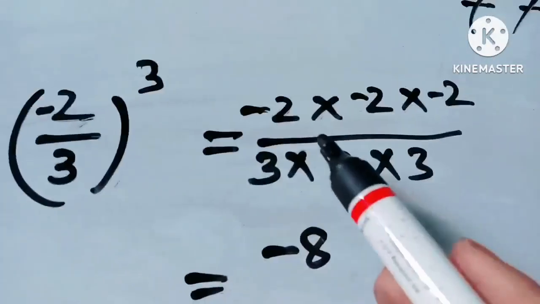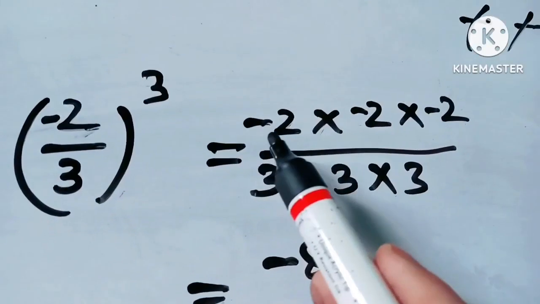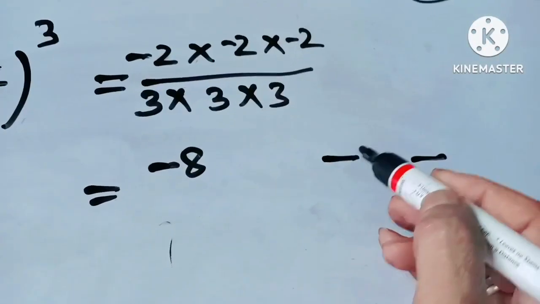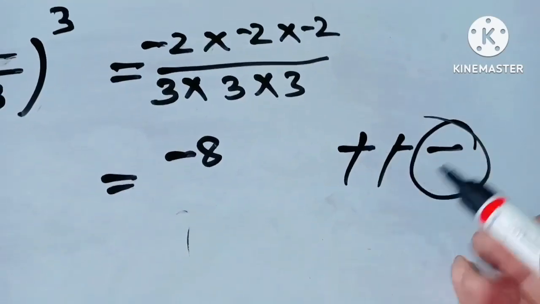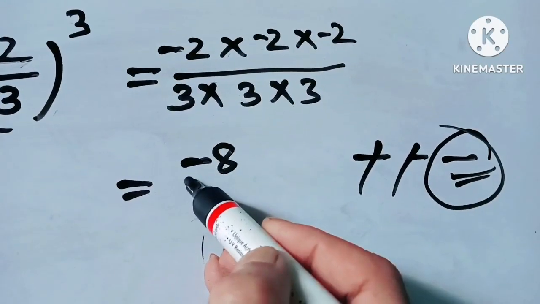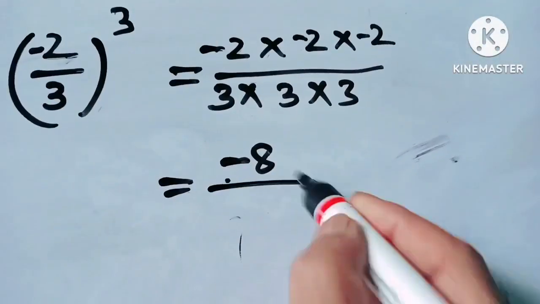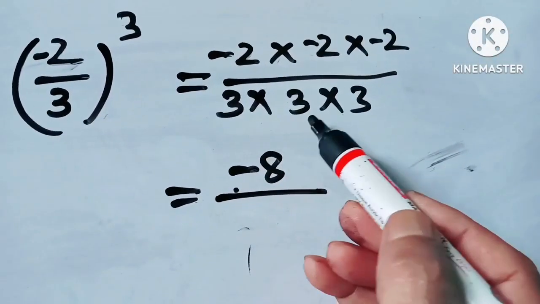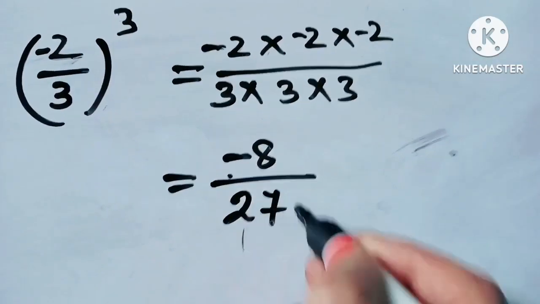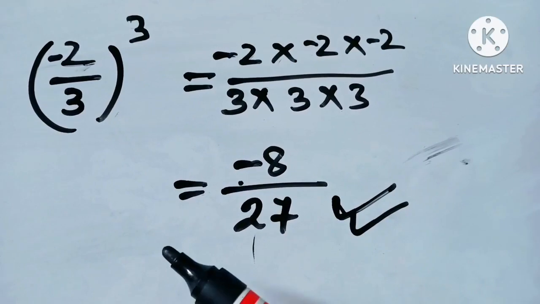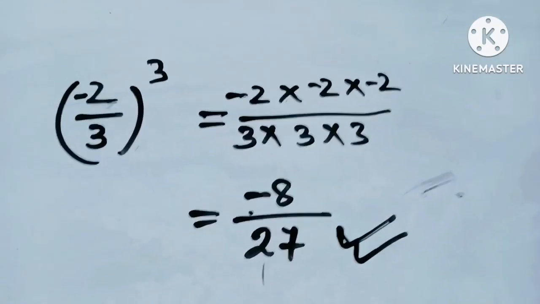Why? Because there are 3 minus signs: 2 minus cancel, and 1 minus is left, so we write minus 8. Now 3 multiplied 3 times by itself, 3 3s are 9 and 3 9s are 27, so the answer is minus 8 by 27. The fraction is minus 8 by 27.